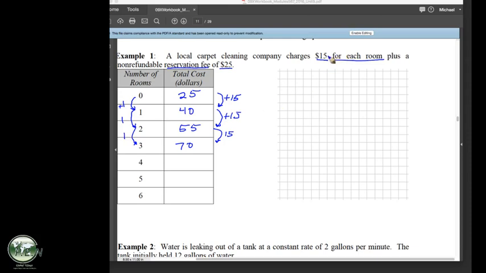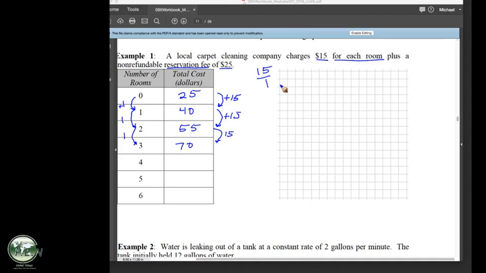So we can say the slope is 15, but we could also say it's 15 over 1. So when we have a whole number as a slope, always remember that it's got that invisible 1 underneath it. Rise over run. The run is 1. So that'll get you sometimes just when the slope is a whole number.